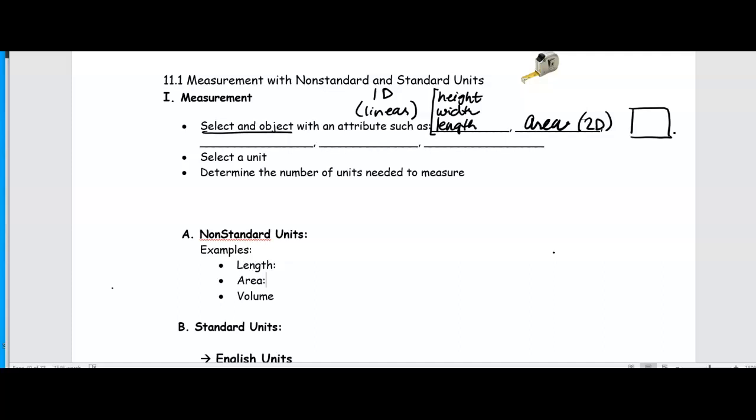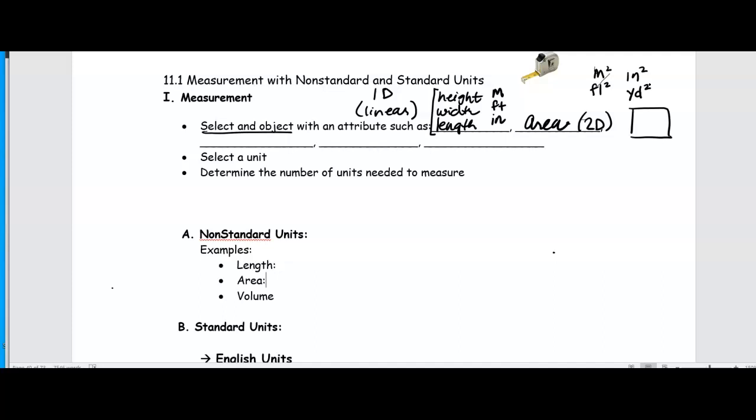Linear measurements, 1 dimension, are measurements like meters or feet or inches. When we're measuring in 2 dimensions like area, this might be meters squared, square feet, square inches, square yards. So we put a little square with the unit to indicate that we're measuring an area or a 2-dimensional space.